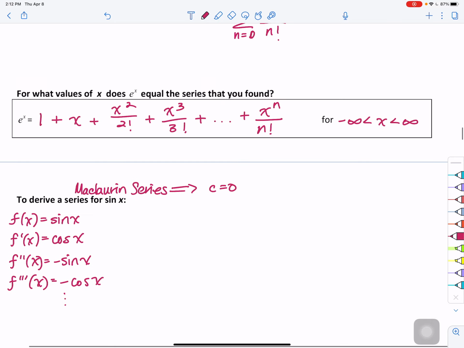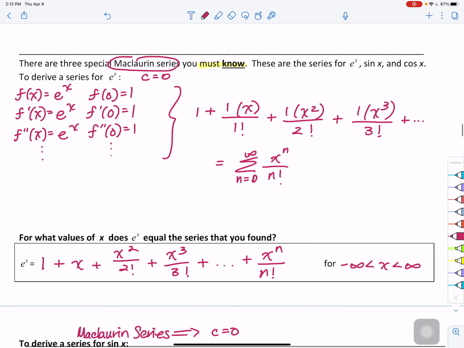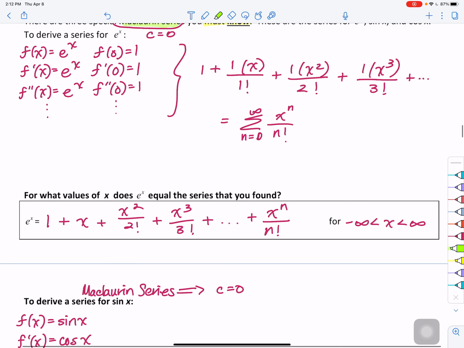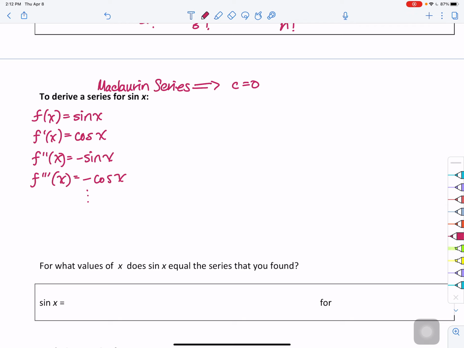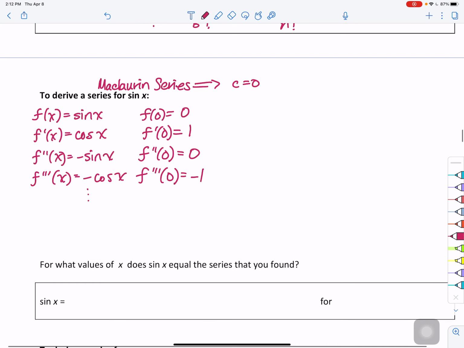And I think they said that in the note here, that all of these are Maclaurin series for e to the x and for the sine of x. So f of 0, f prime of 0, f double prime of 0, f triple prime of 0. And as you can see, we will have 0, 1, 0, -1, and you can see that also alternating, okay?